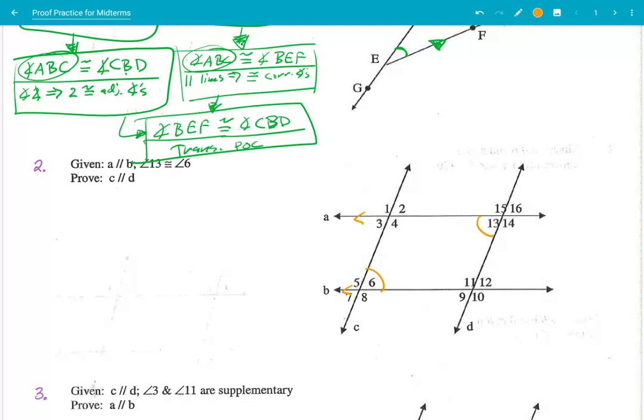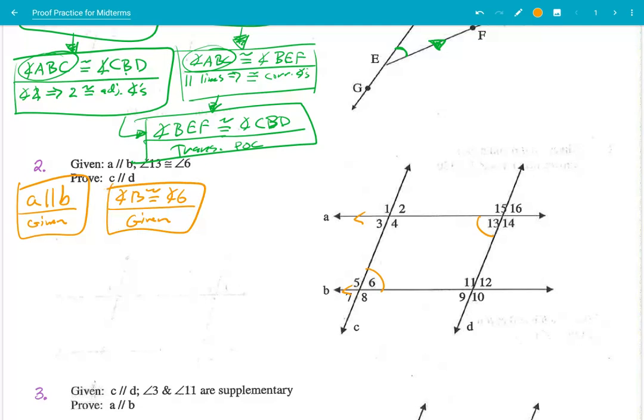Prove that C is parallel to D. Well, we're going to have to link these up. So we're going to say A is parallel to B. That's a given. And then angle 13 congruent to angle 6. That's a given.